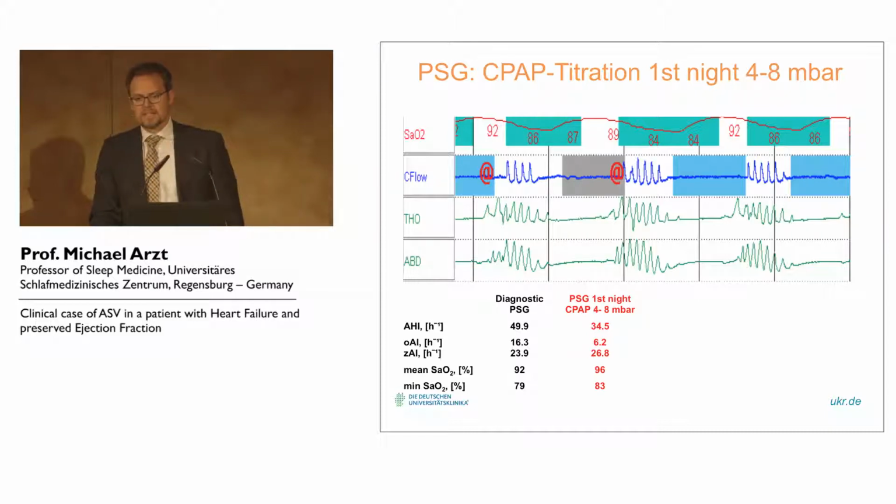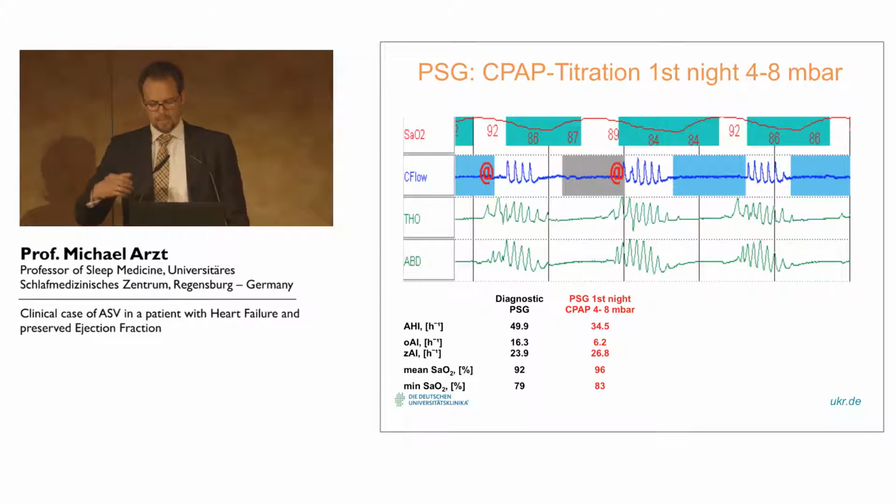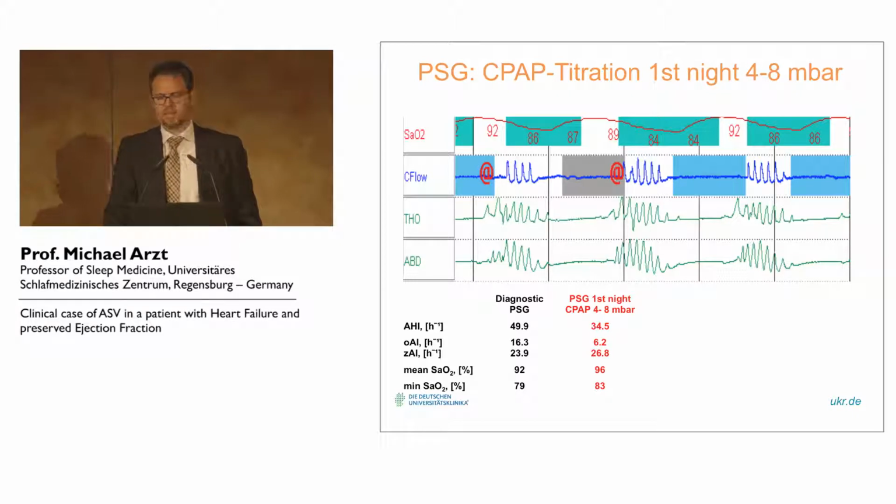And this is the classic patient where we can reduce the obstructive part, but actually we cannot change the central part, or even the proportion of central parts increases when we apply CPAP therapy.